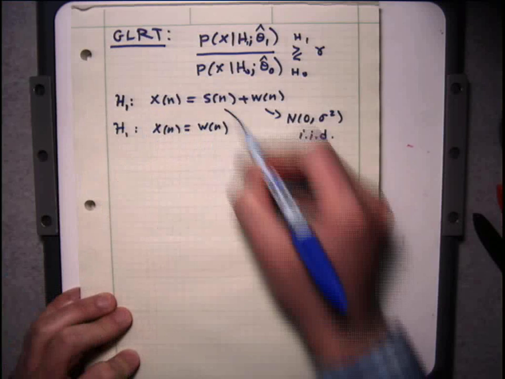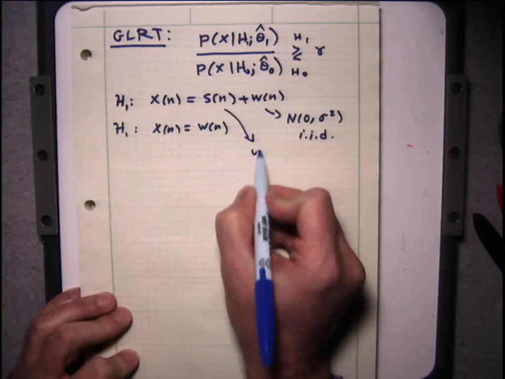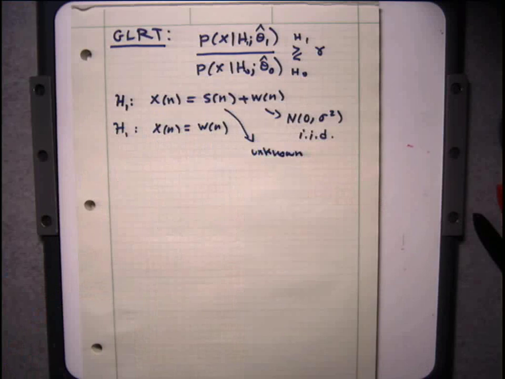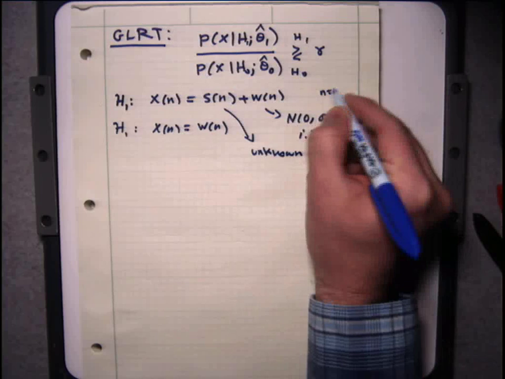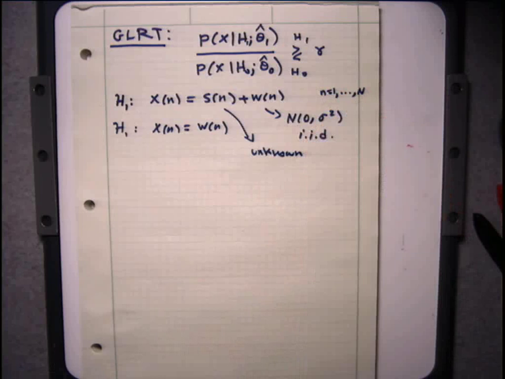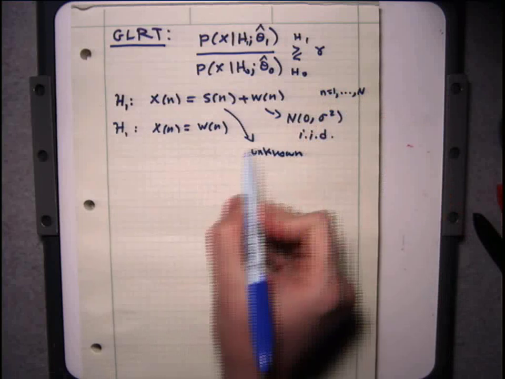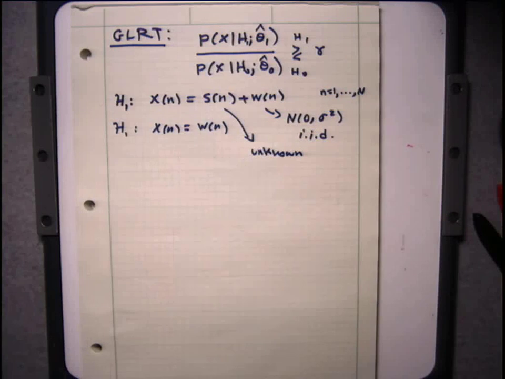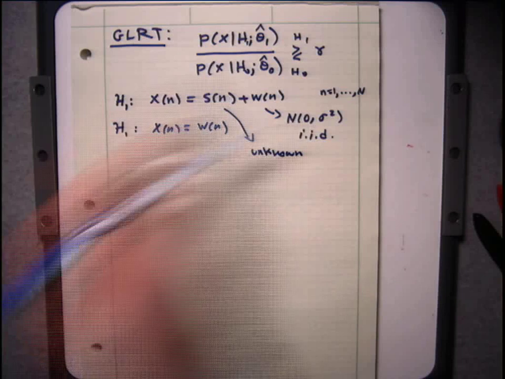And this signal here is unknown, for all samples n equals 1 to capital N. An important thing here is that I'm assuming that this s of n is unknown, but it's deterministic, so it's not random. It's some fixed signal, but I don't know what it is. And I want to detect it.